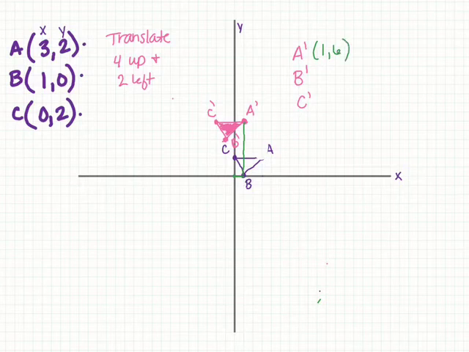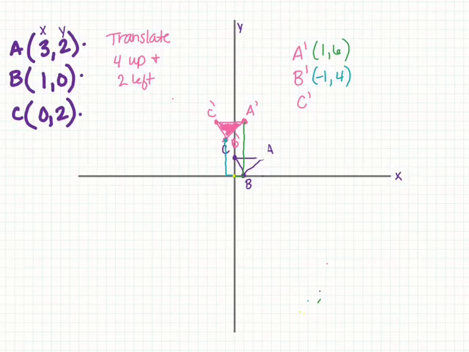All right. B prime, since it's right here, I would need to go left 1. So that's going to make that a negative 1. And then up 1, 2, 3, 4. So positive 4. Negative 1, 4. And then finally, C prime, start back at the origin.